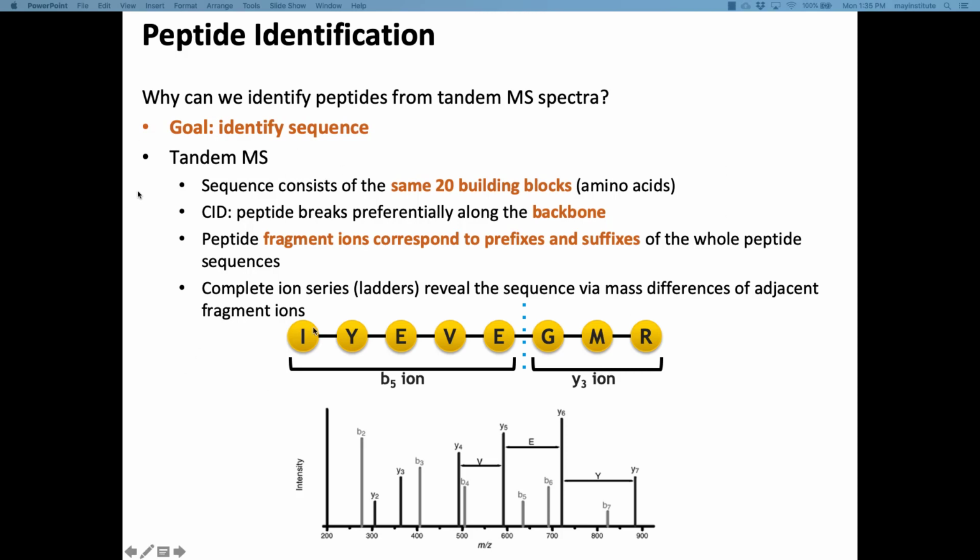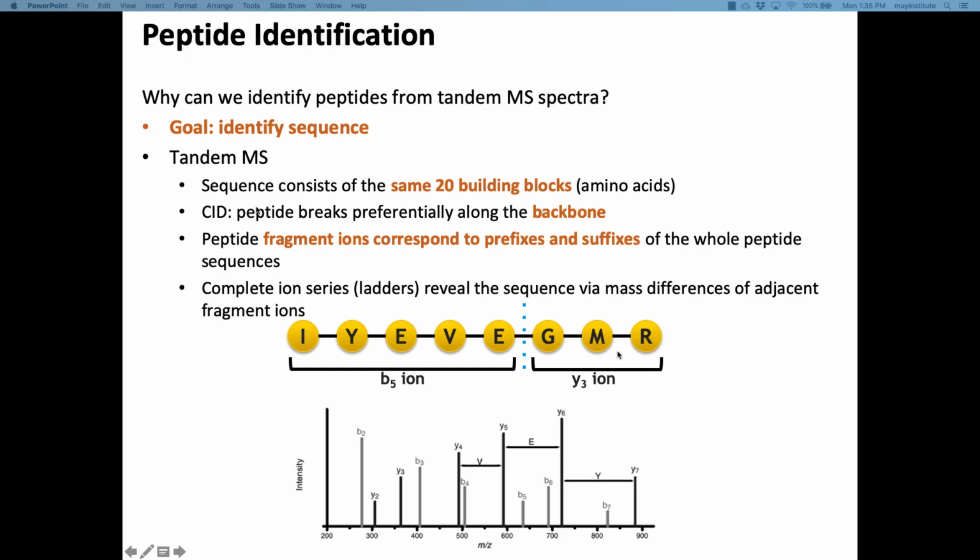If the charge goes to the left-hand side of the peptide, so if it breaks here, and the charged part is YEVE, then we will actually see this in the mass spectrum. If the charge is retained on the right-hand side, we will see GMR. We see a peak for that part.